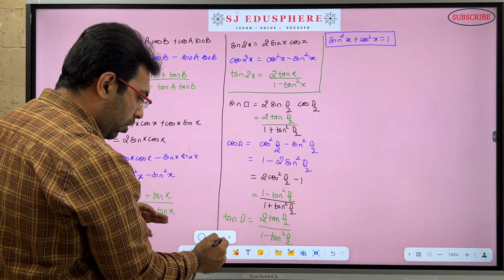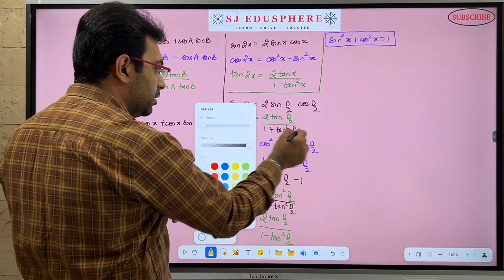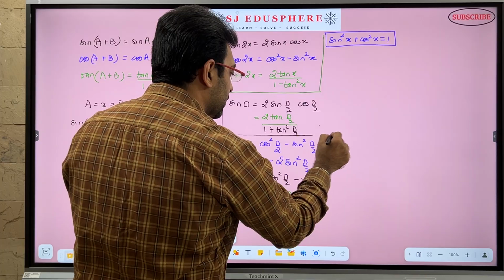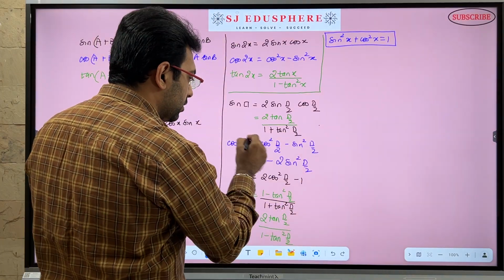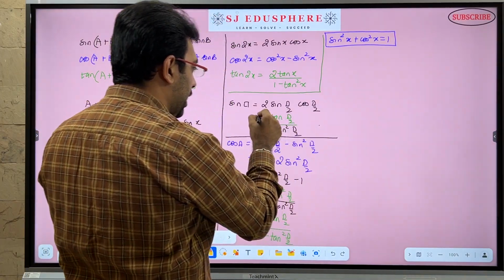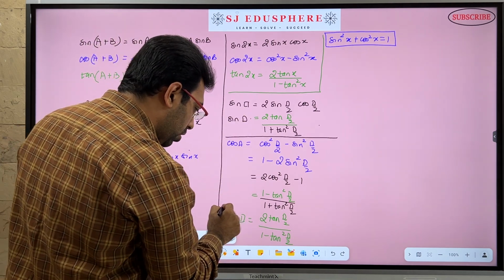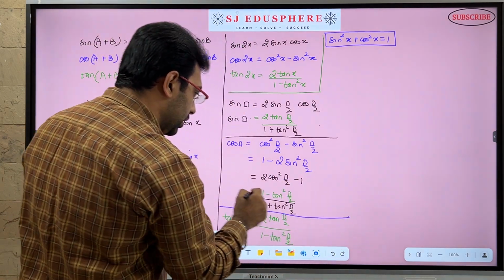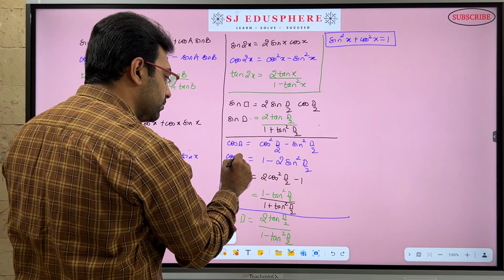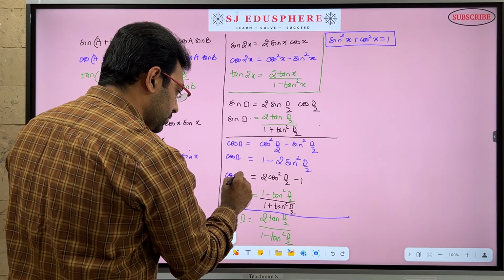Now, all these formulas over here are limiting my answer for sine box. All the formulas over here limit it for cos box. Okay.